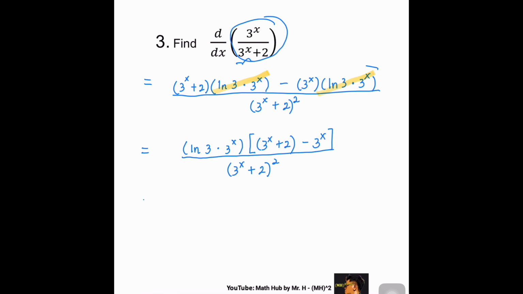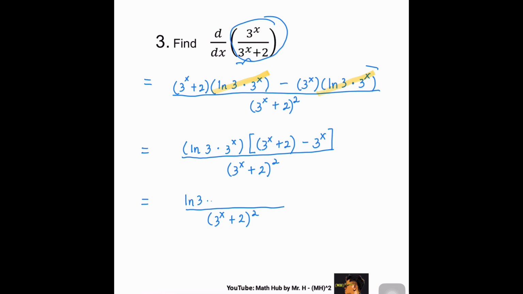All right, so the next thing we need to do is to simplify this part, right? So let me copy the denominator. So 3 to the power of x plus 2 squared. And simplifying what's inside the bracket.